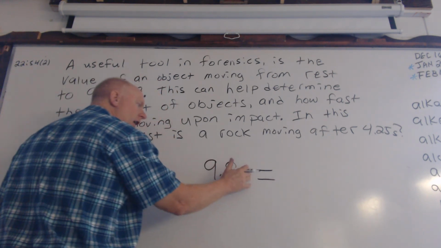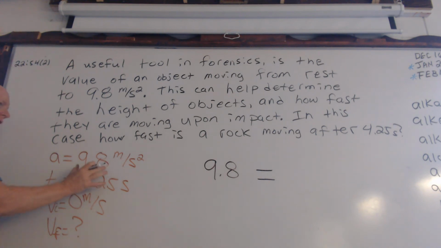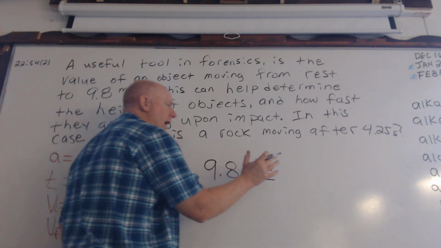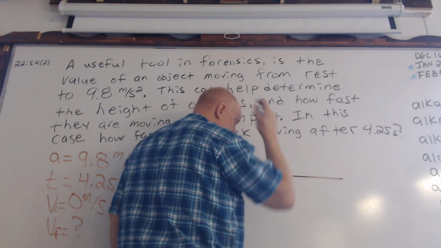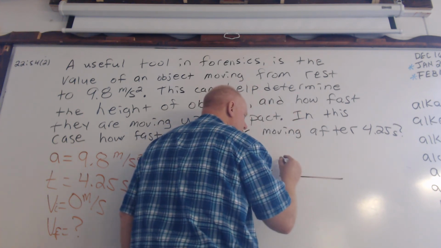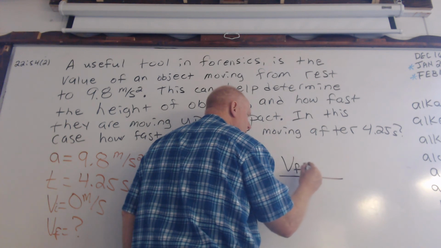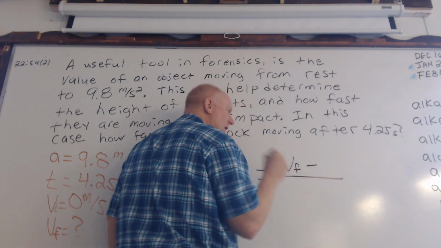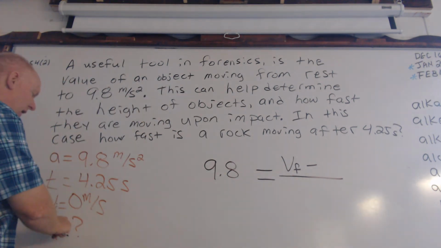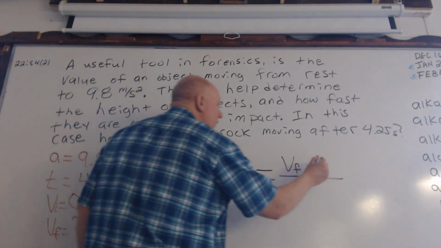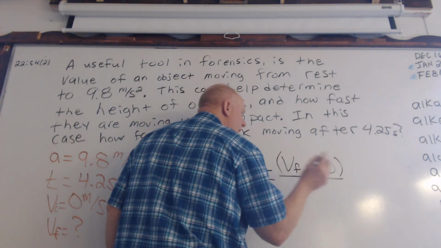We don't need to label it because we did that over here. So what goes on our right-hand side? VF minus VI over time. Minus what? But we can put that value in because we accounted for it here. And then what goes on the bottom?